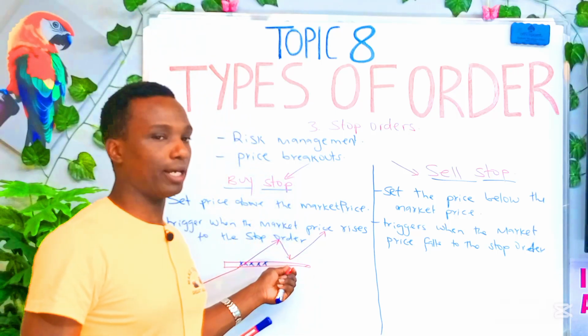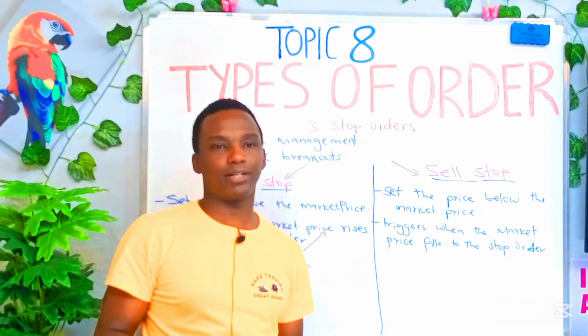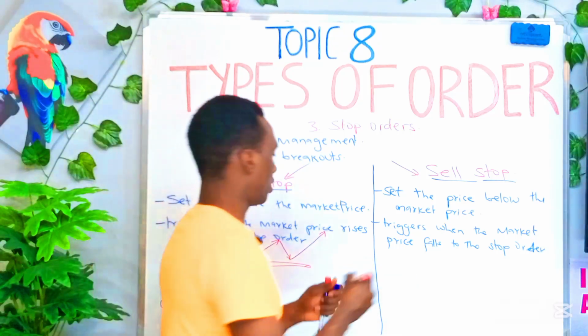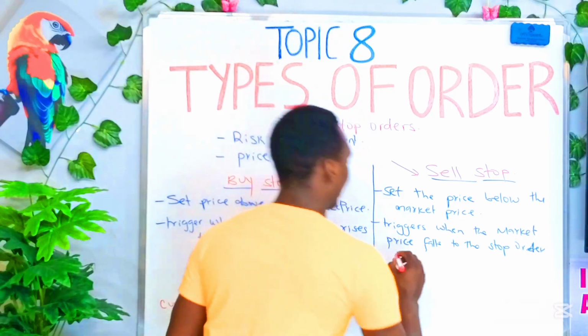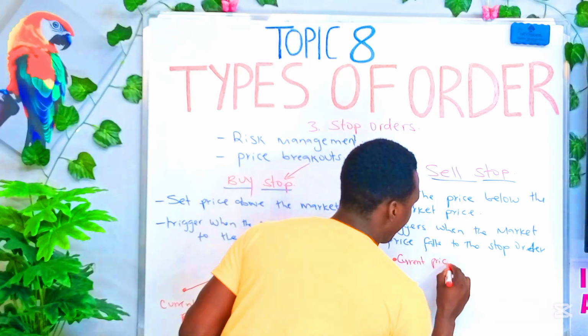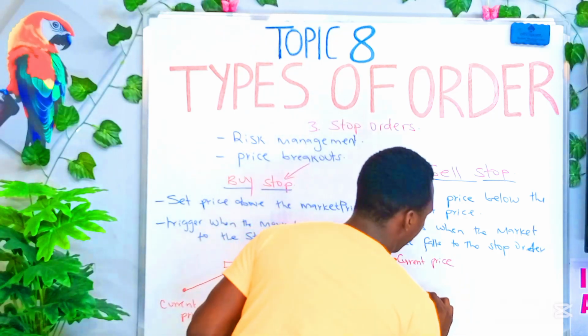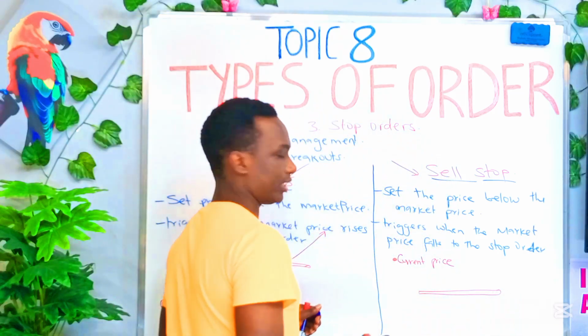What about a sell stop order? A sell stop order is the inverse, the opposite. We have our current price there, and we'll have our sell stop order there. What does the price have to do?